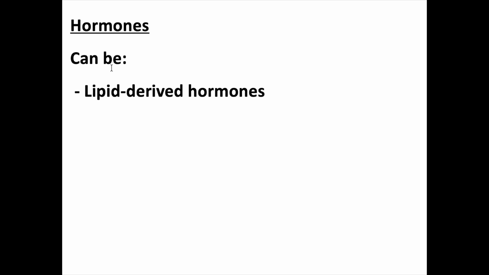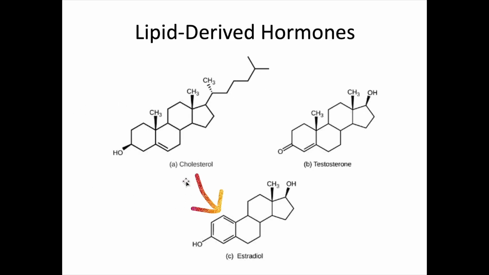So hormones, these signaling molecules, can be lipid-derived hormones. What do I mean by lipid-derived? Well, the lipid I'm talking about is specifically cholesterol. Cholesterol is a type of lipid, and it can be used to build a lot of different hormones, like estradiol here. So you can see the structural similarities.